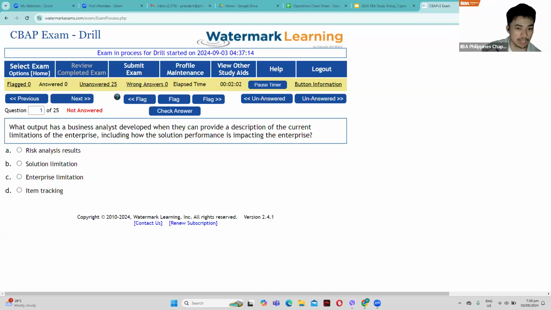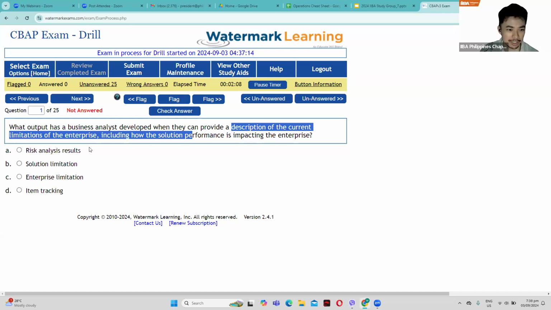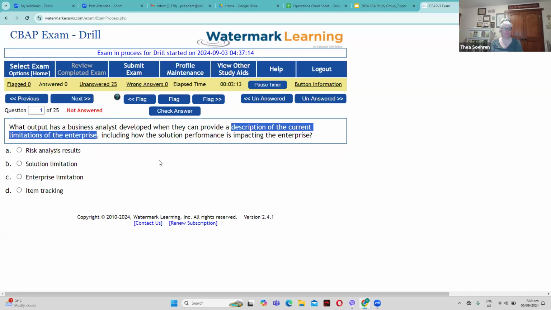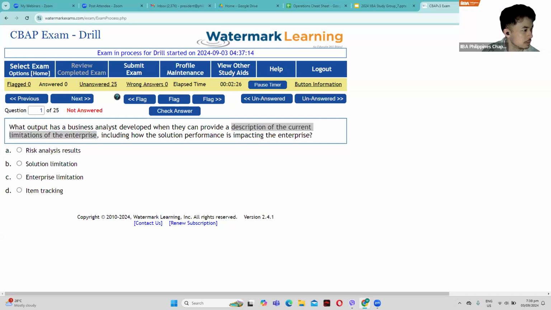To me, this sounds like it's enterprise, because it says description of the current limitations of an enterprise. Okay. All right. What about the audience? What do you guys think? I'm just making sure everyone is able to chat.